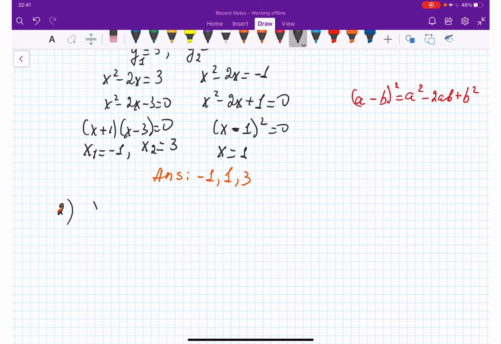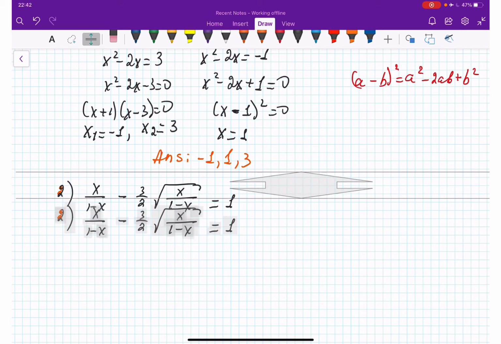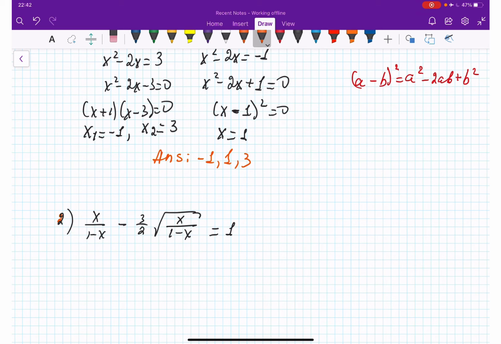We have x over 1 minus x plus, let's take minus 3 over 2 square root x over 1 minus x equal 1. Okay, we are going to substitute here square root of x over 1 minus x is equal y.